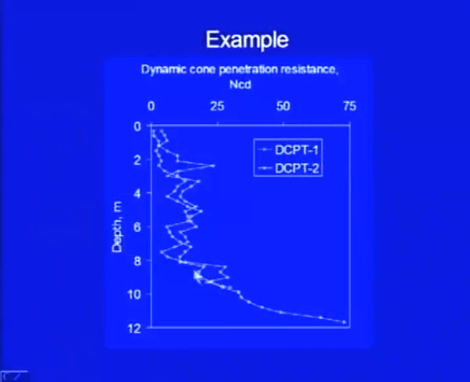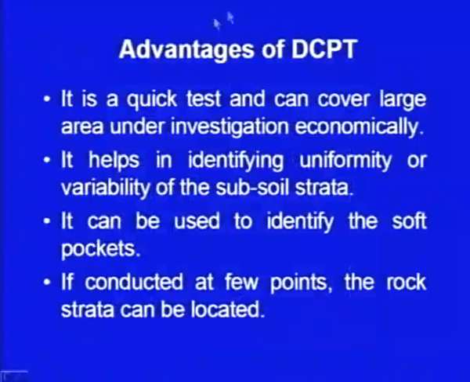So, strata is almost similar. So, same thing here, you can do a number of tests and then you can check whether the trend of the values is similar or not. If the trend of the values is similar, then the uniformity is there. If the trend of the values is abrupt, it changes from place to place, then we have to be cautious.